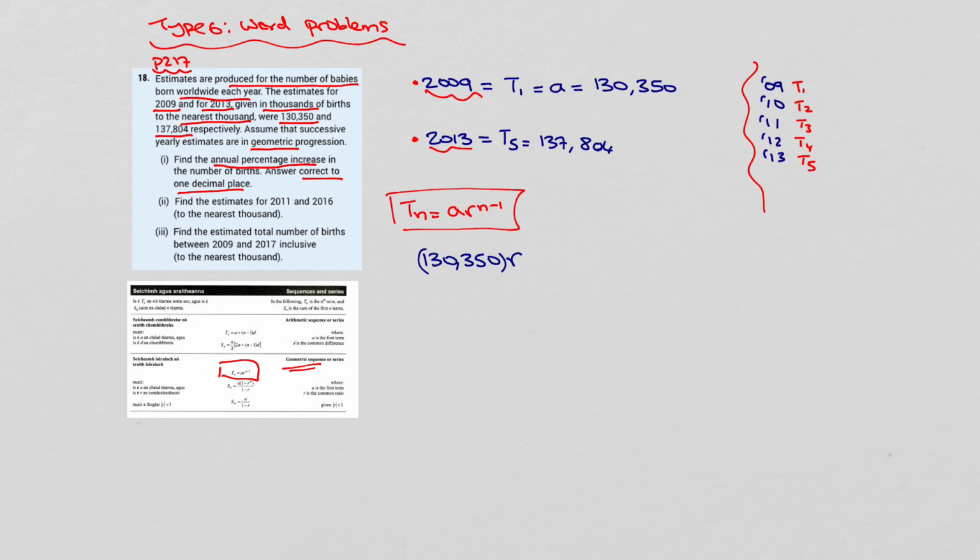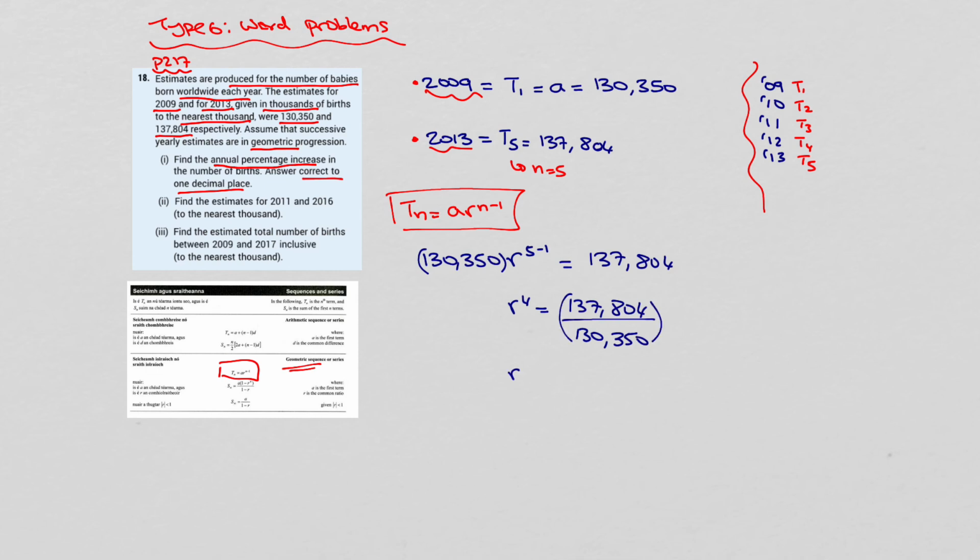Well, if I'm looking at my fifth term, that means that n is 5. So that's going to be 5 minus 1. And that fifth term we see is 137,804. So in other words, that's going to be r to the power of 4 is equal to 137,804 divided by 130,350.